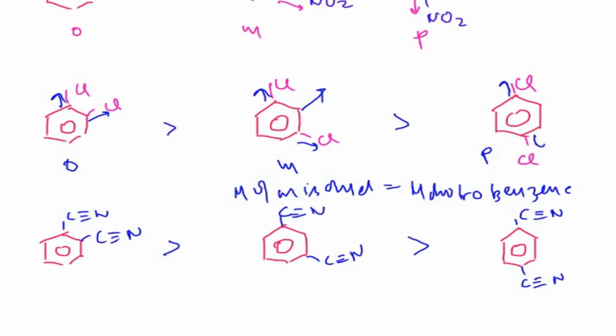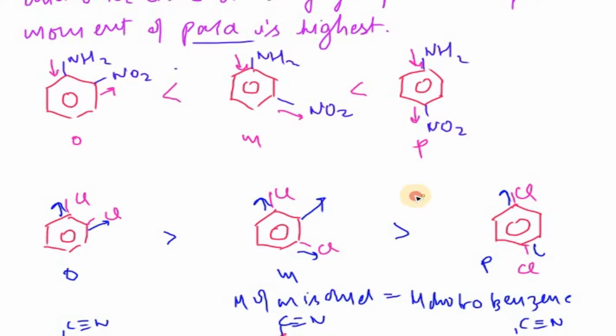This is the rule we follow, since we know it is an electron taking group. When both are electron taking, electron withdrawing, we have seen that case, and when one is electron taking and one is electron withdrawing, we have seen that the para is the highest.